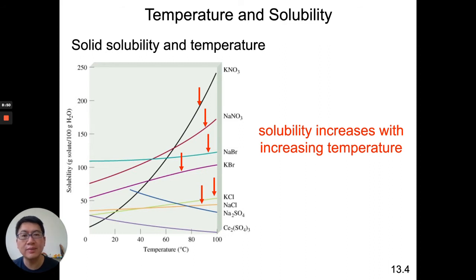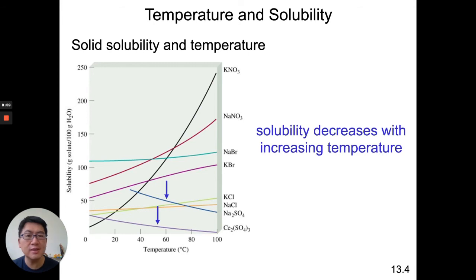So most things, solubility increases at increasing temperature. However, I said that's most things. There are some substances where solubility decreases with increasing temperature. Like as you can see on this graph, sodium sulfate and cesium sulfate. Well, that's not cesium, but sodium sulfate is one of them.